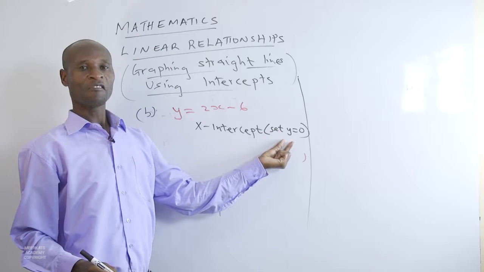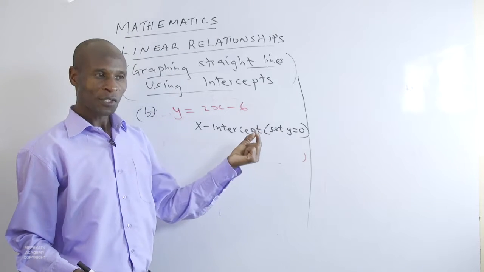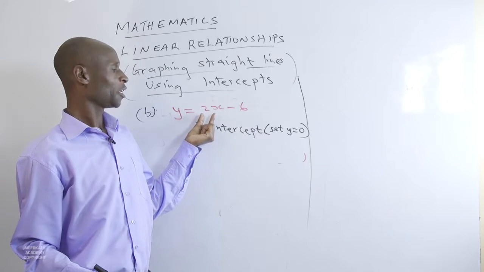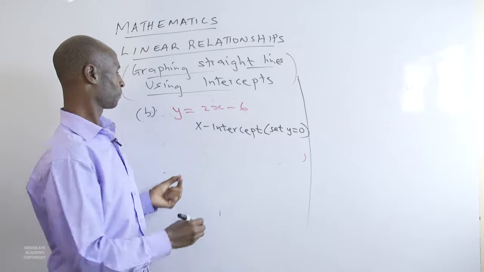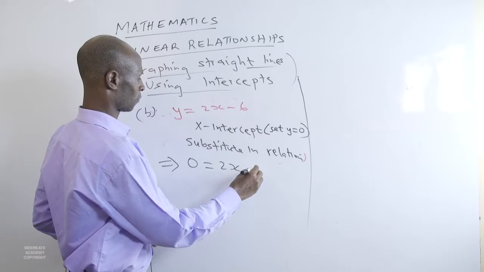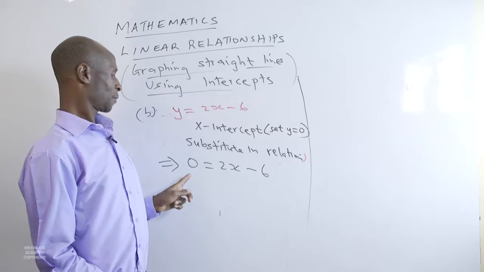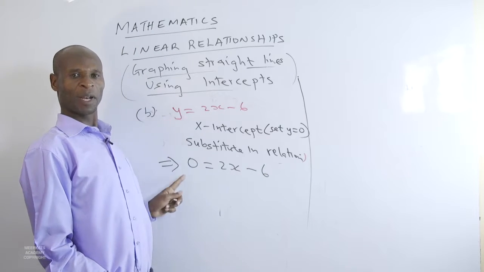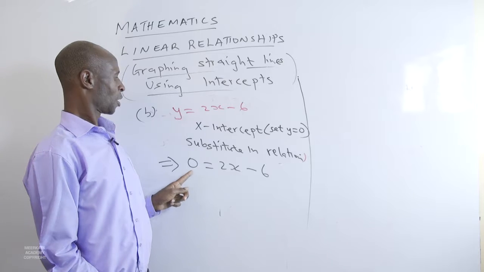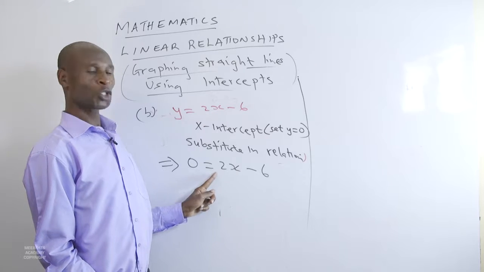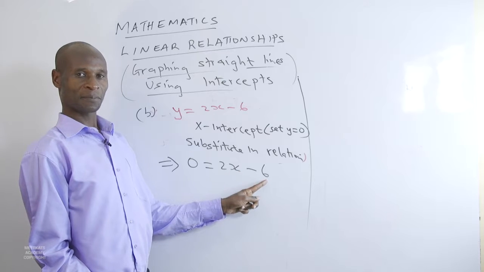Once we set the value of y to be 0, we proceed and substitute in our linear relation. That means where there is y, we replace with 0. Then that is equal to 2x minus 6.